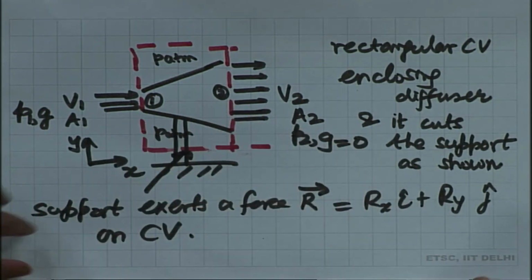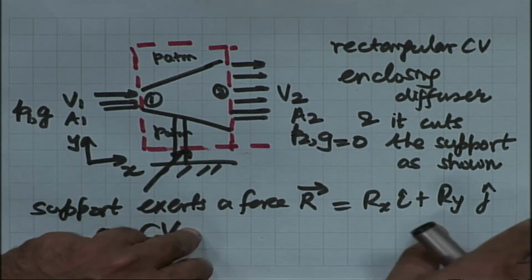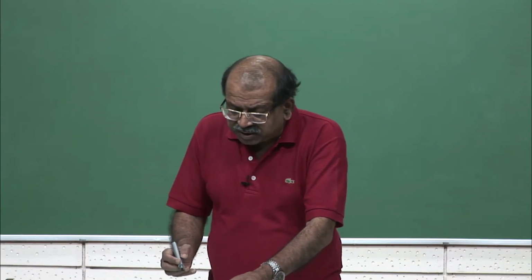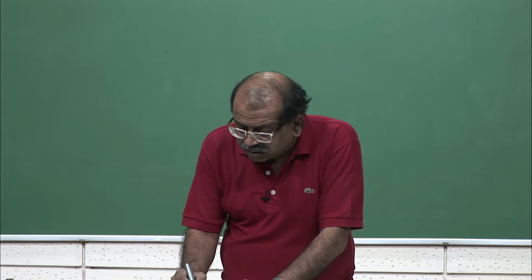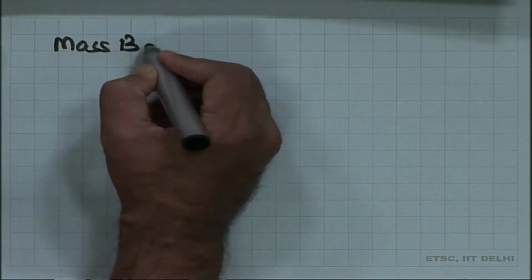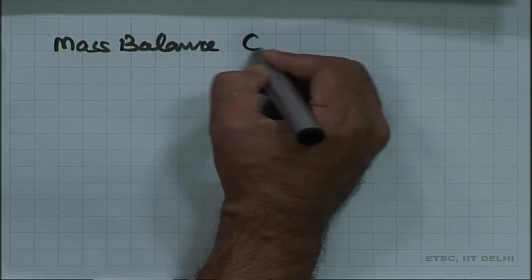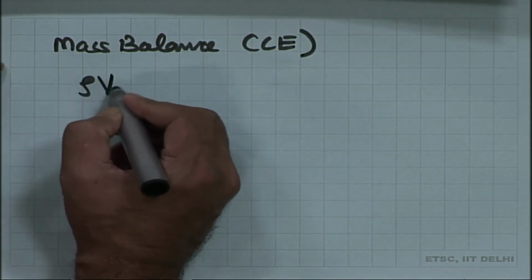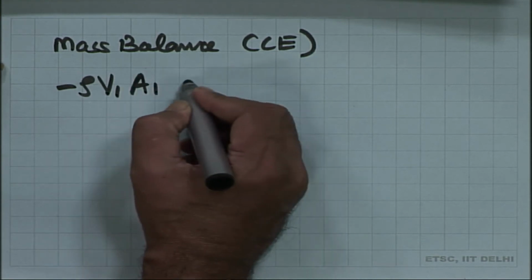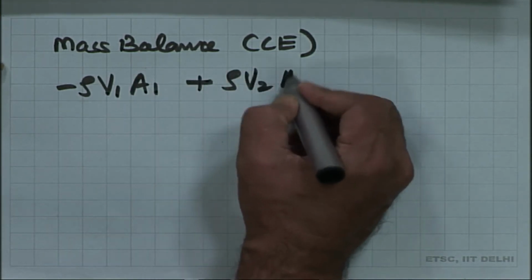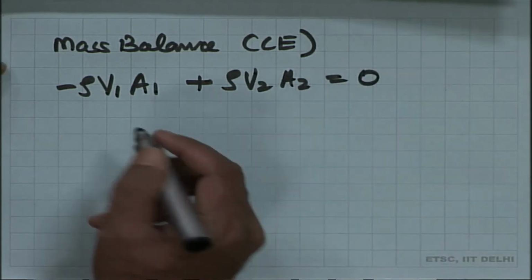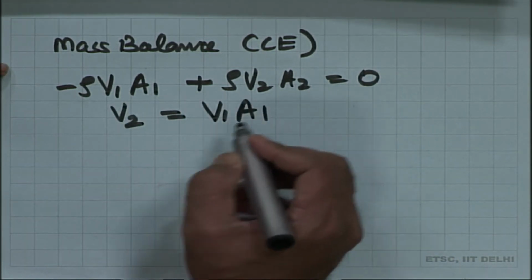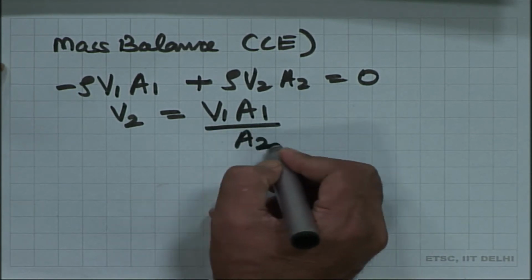So, now if I look at this control volume and start solving my problem, the first thing I get, if I use the mass balance or continuity equation, is minus rho V1 A1 plus rho V2 A2 is equal to 0, and from here I will get V2 equal to V1 A1 over A2.